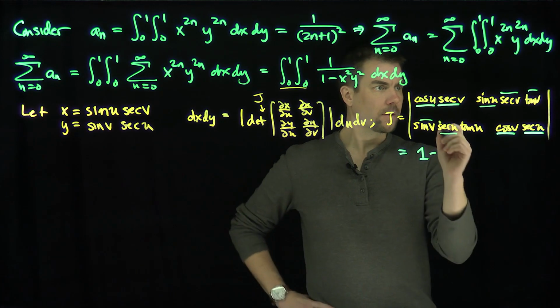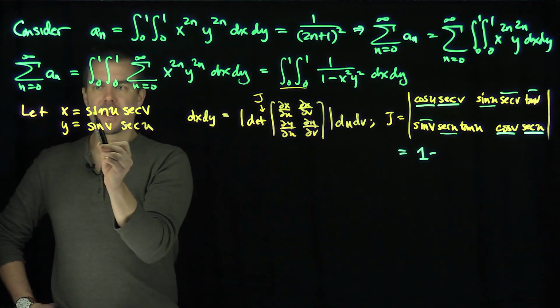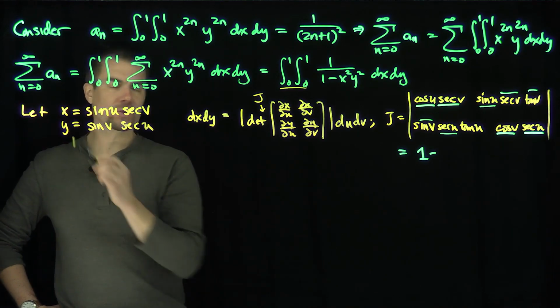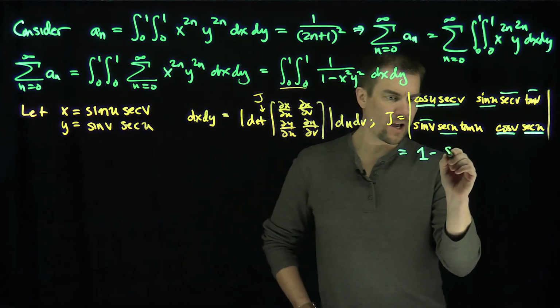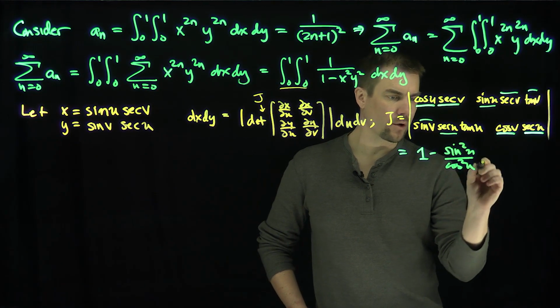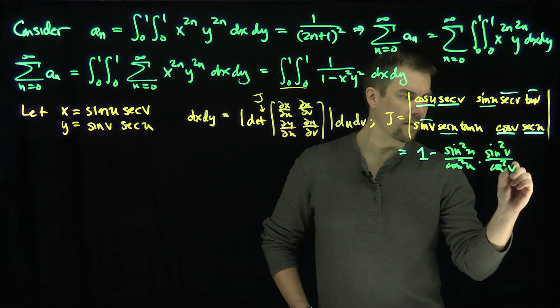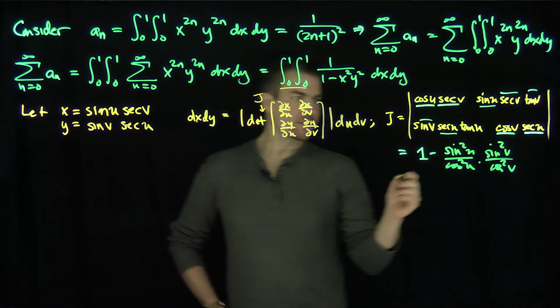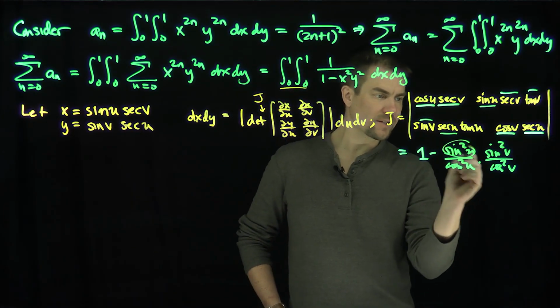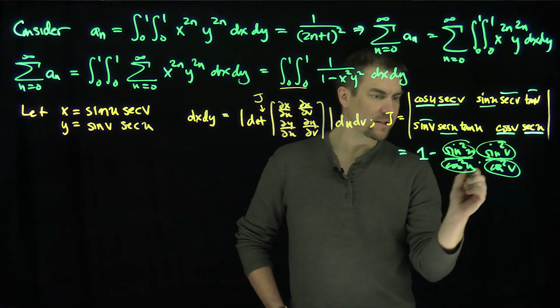Let's think about this for a second. What is x? x is really sine u over cosine v. So since I have sine squared u over cosine squared v and sine squared v over cosine squared u, what I really have is x squared and y squared.